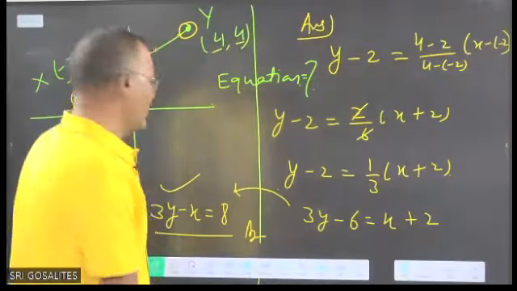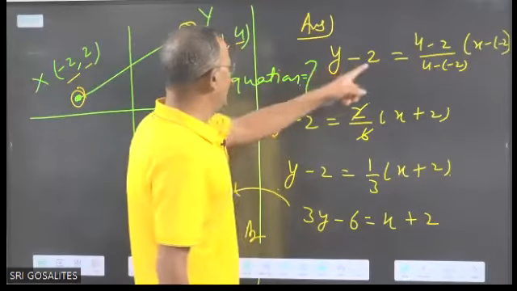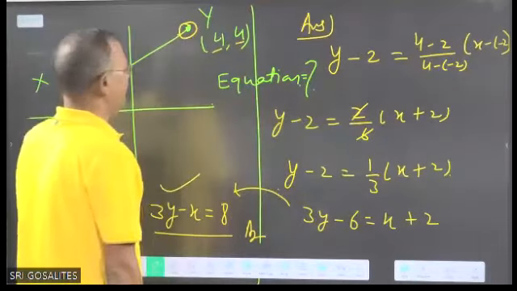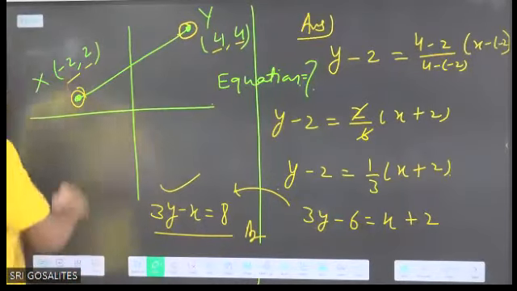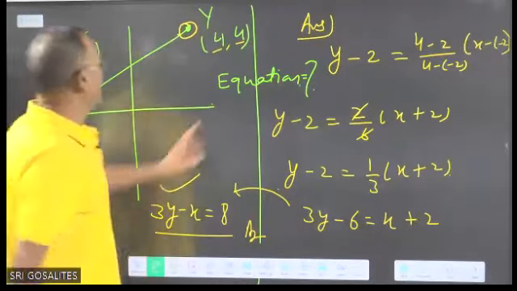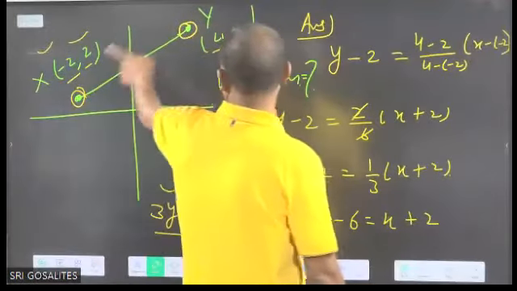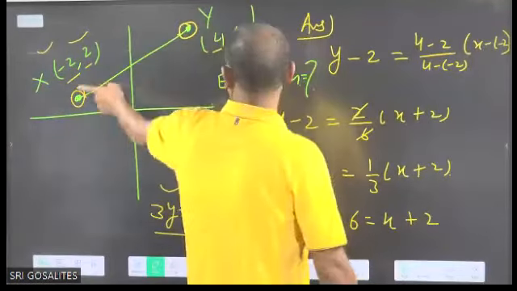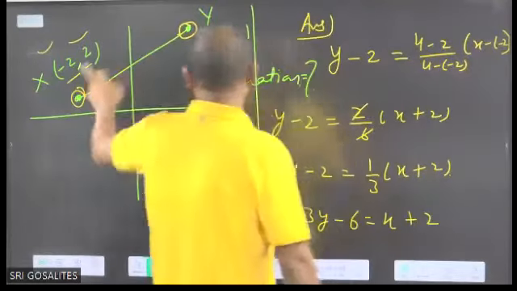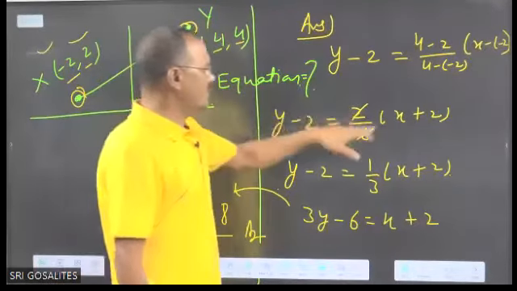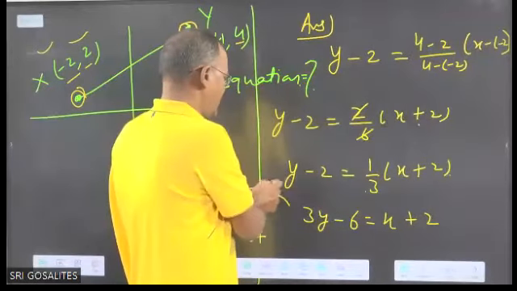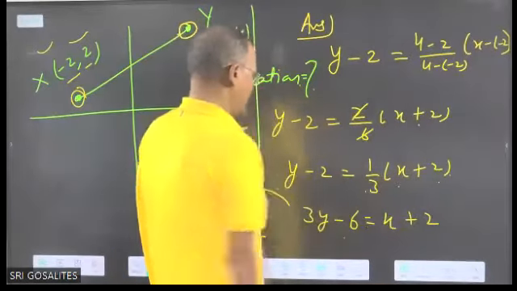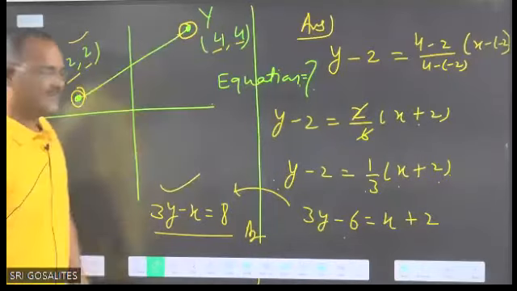This is wrong. Y minus y1, beta. Okay, fine. This is x1 now. This is y1. Y minus y1 is y2 minus y1 over x2 minus x1, x minus x1. So this is y minus 2, 1/3, x plus 2. It is 3y minus 6, x plus 2. This is the right equation.